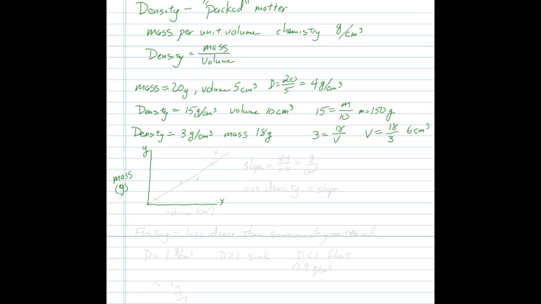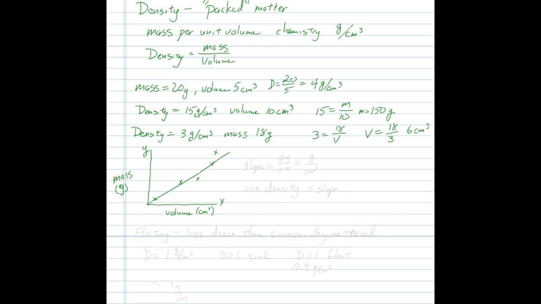On the x-axis, you put the volume of the object, and that is in cubic centimeters. And if you were to plot that information and you draw a best fit line, or a close best fit line, it'll look better.